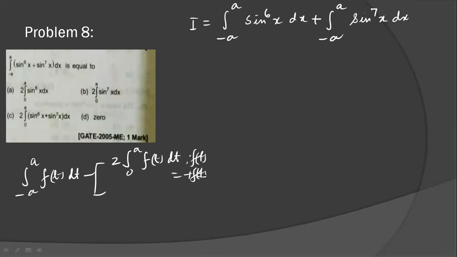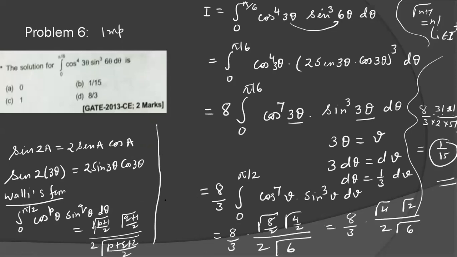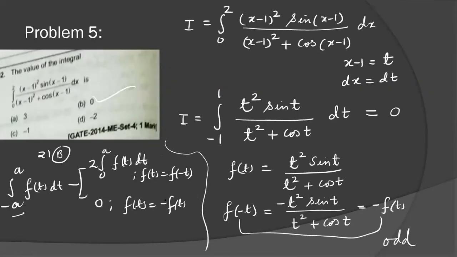It is 0 if f of minus t is equal to minus f of t, if it is an odd function, this integration will be 0. Here I made a correction, it will be minus t.